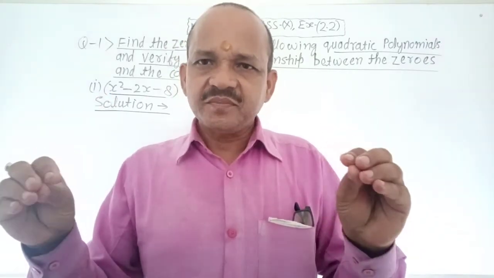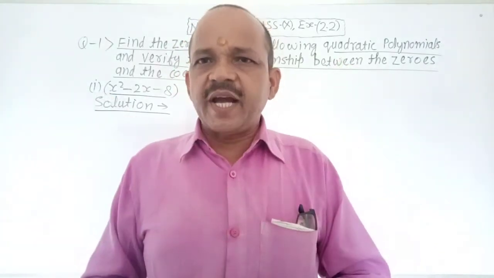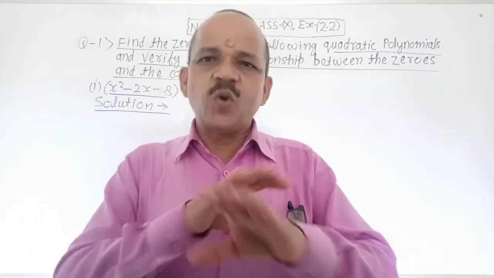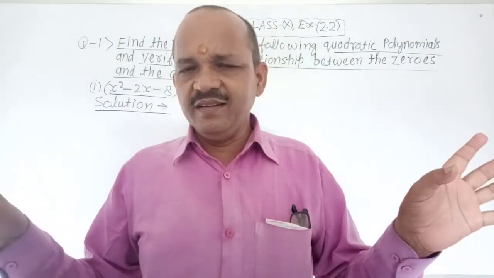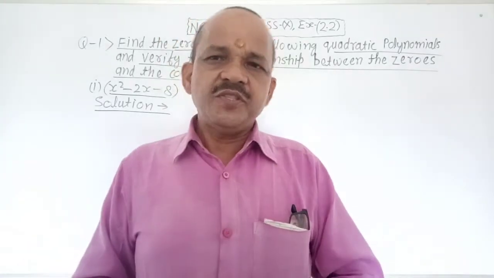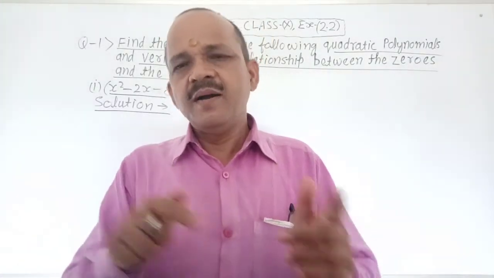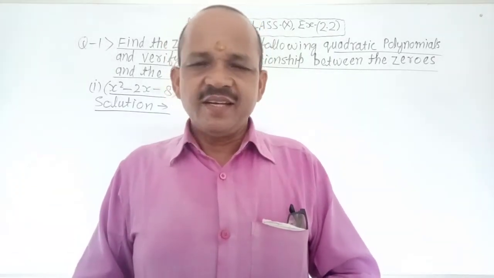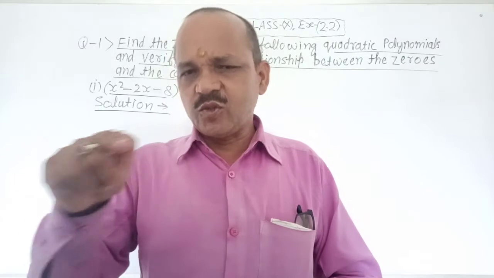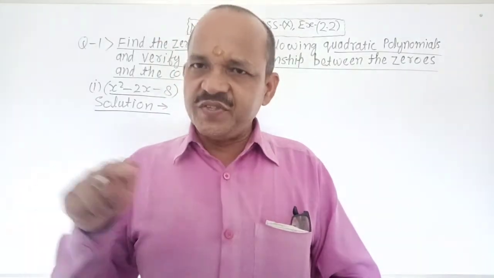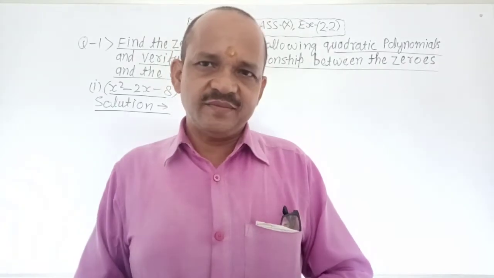Very good. Now I want to describe the relationship between zeros and coefficients. Is it clear? No confusion about it. Very good. Sum of zeros equals alpha plus beta equals minus b by a equals minus coefficient of x upon coefficient of x square.